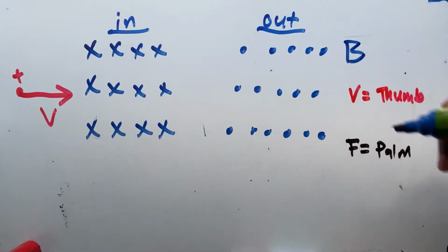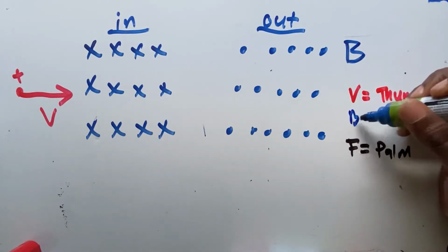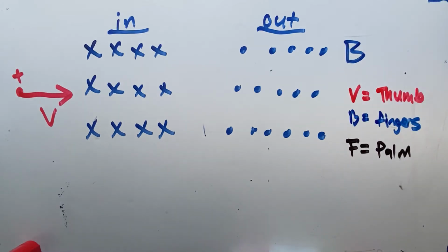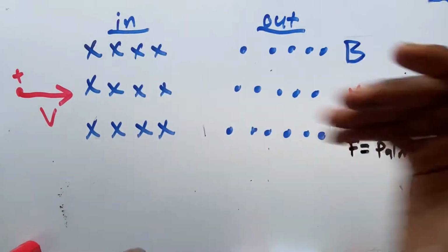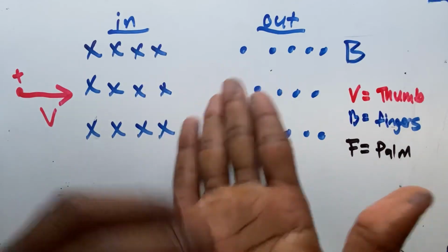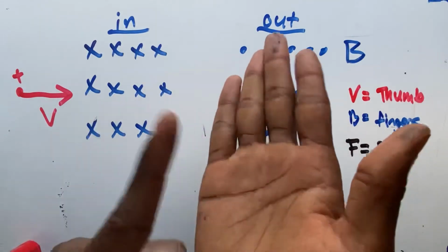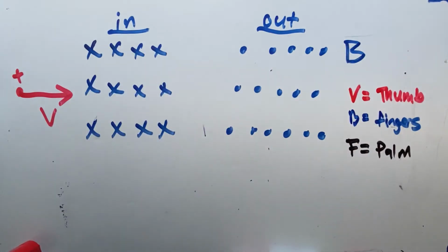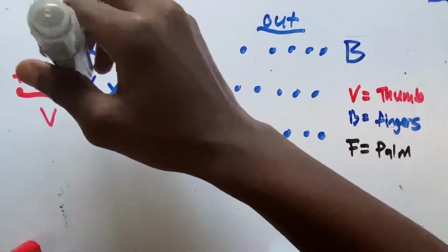And the magnetic field, B, is your fingers. Boom. So go for your thumb, fingers, and then palm. So thumb to the right, fingers downwards, palm points kind of upwards. And so the force here is going to be upwards.